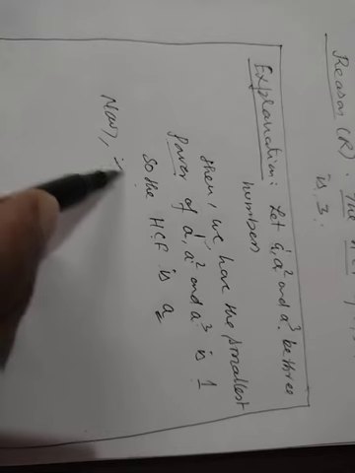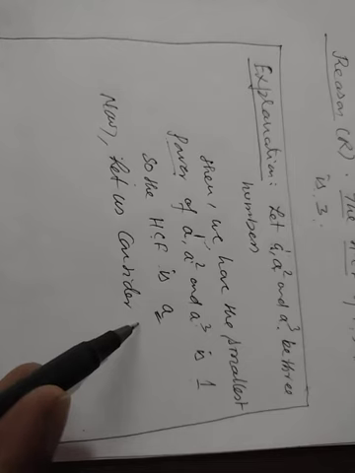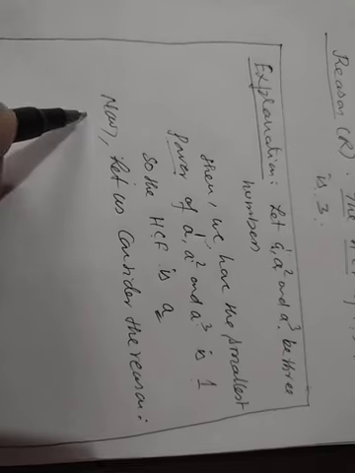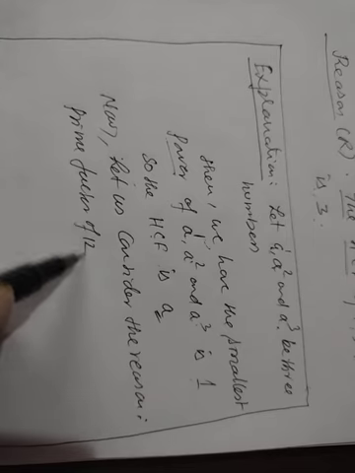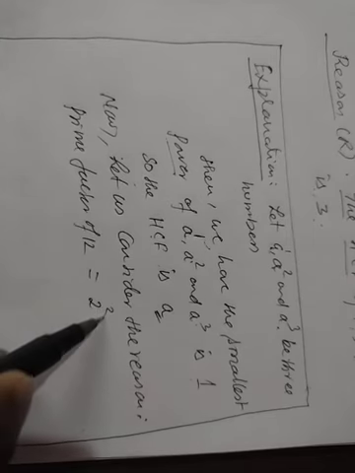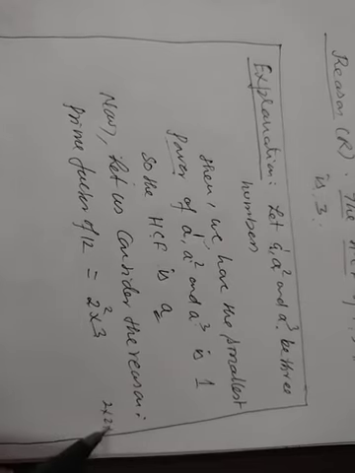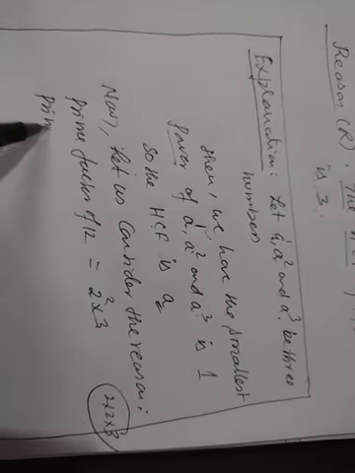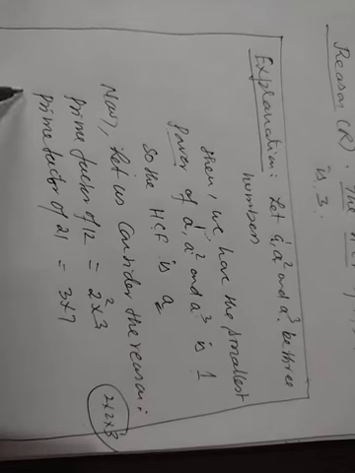Now let us consider the reason. Prime factors of 12 equal 2 square into 3, we can also write 2 into 2 into 3. Prime factors of 21 equal 3 into 7.